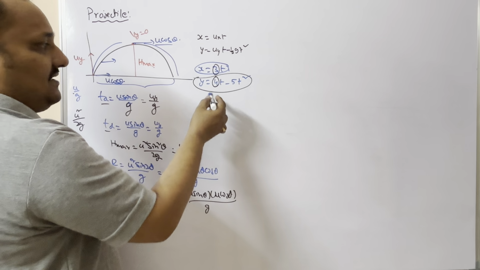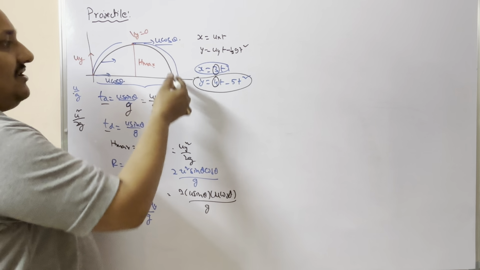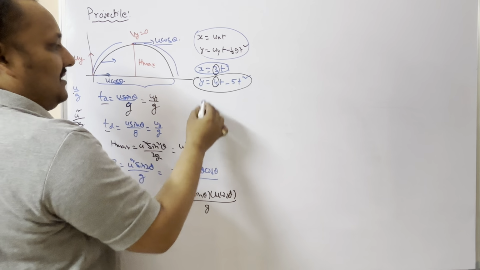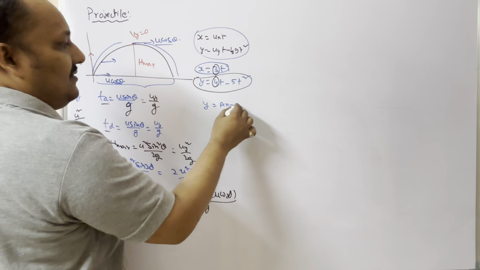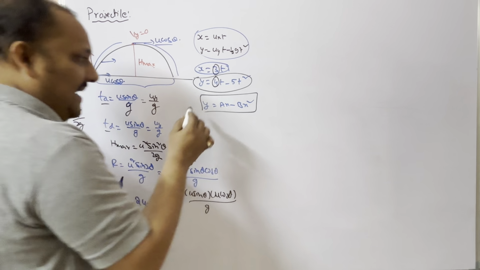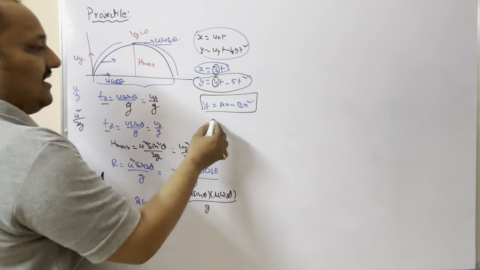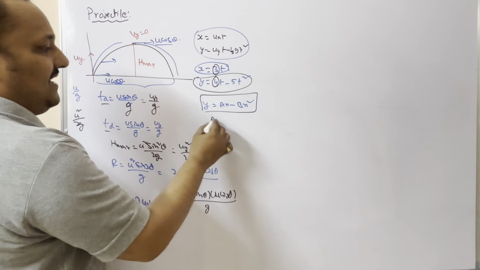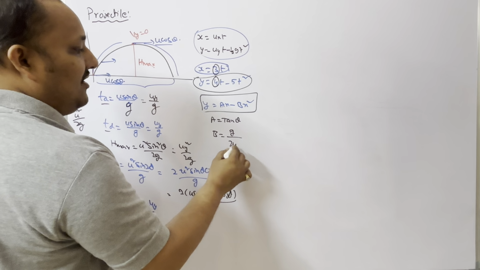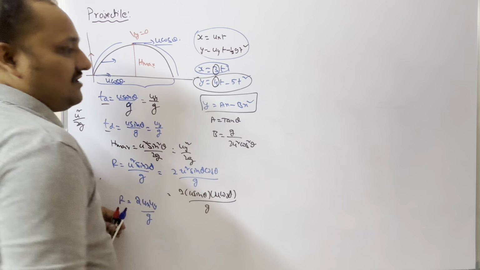Next, the path of the projectile. What is the path of this projectile? We will get it by using these two equations. Path of the projectile is a parabola, y is equal to ax minus bx square. Then they will ask the maximum height and the range using this equation. What is A here? A is tan theta. What is B? g by 2u square cos square theta.